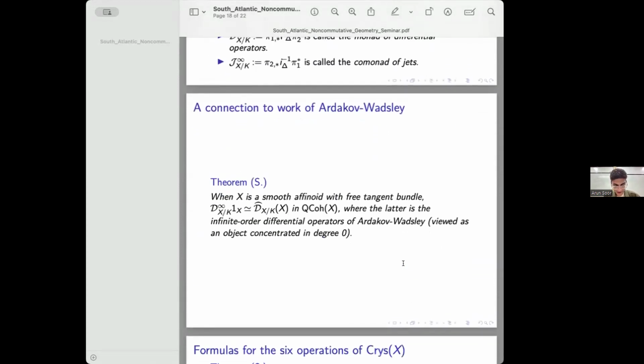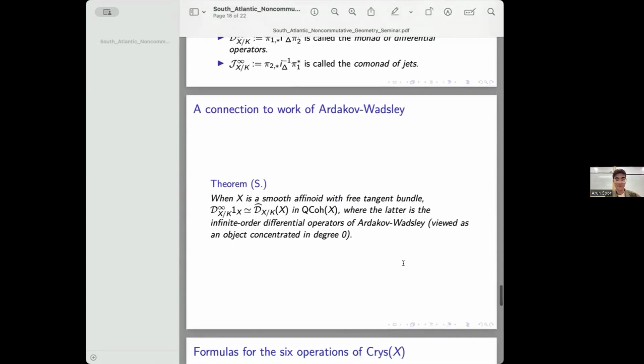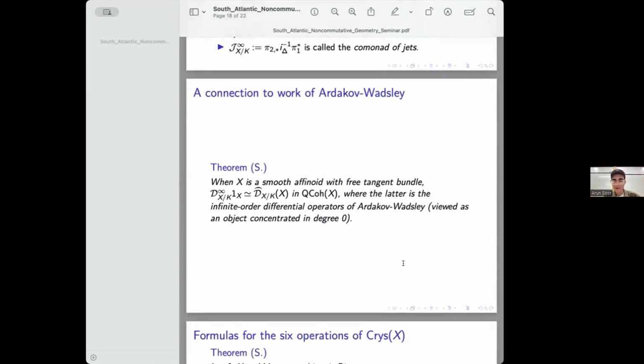So the relation of this monad, this monad D infinity, which I introduced on the previous slide, is as follows. For instance, when X is a smooth affinoid with free tangent bundle, we can look at the action of this monad on the unit object, just the tensor unit in QCoh X. I've written that as 1_X.